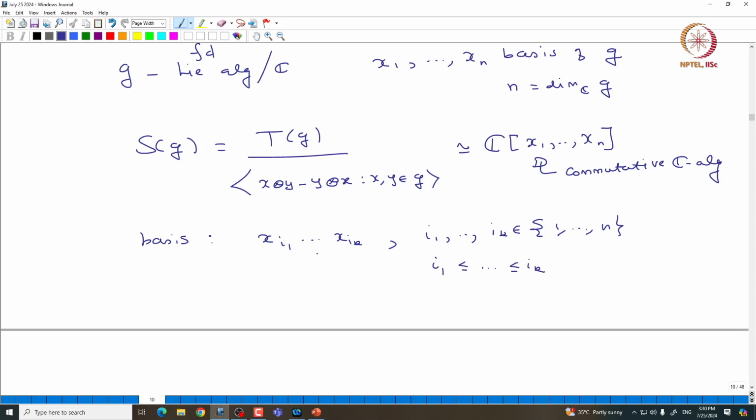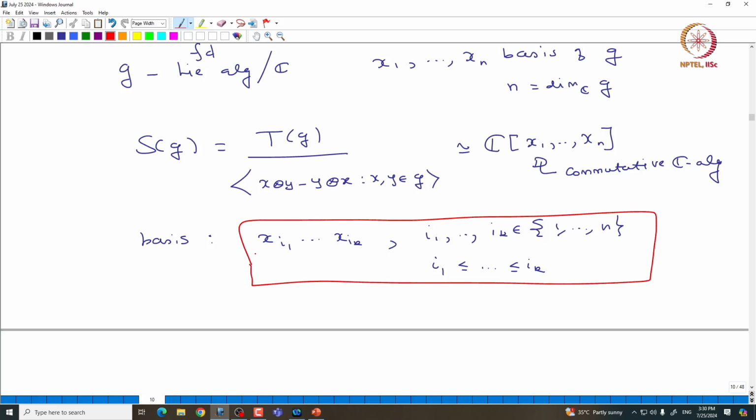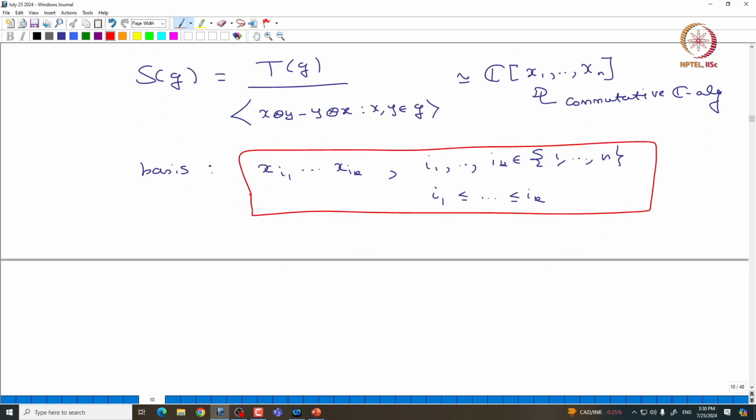Okay. So, these elements will form a basis. This is very easy to prove. Now, you can ask, if we go to the universal enveloping algebra, when G is abelian, then UG is the same as SG. In that special case, we have such a very nice basis.